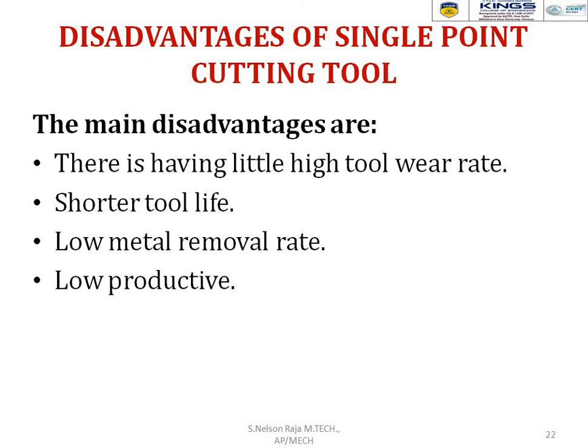The main disadvantages are a high tool wear rate, so obviously a shorter tool life, a low metal removal rate compared to other cutting tools, and low productivity. So it is not suitable for mass production, only for low production and small scale industries.